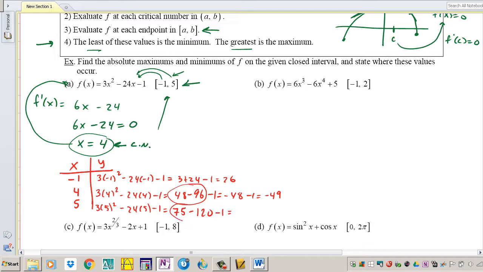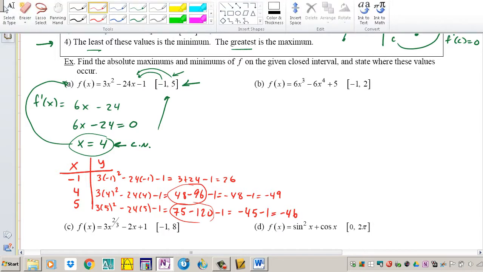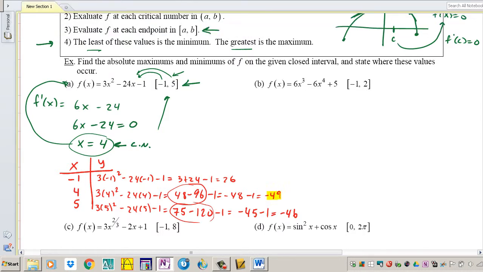So let me just subtract these two numbers. -120 plus 75 will give me -45, minus 1, which is -46. Okay, so which one is my lowest? My lowest is -49, and x equals 4 is the x value that gives me my lowest, and my highest is the only positive number here in this table.